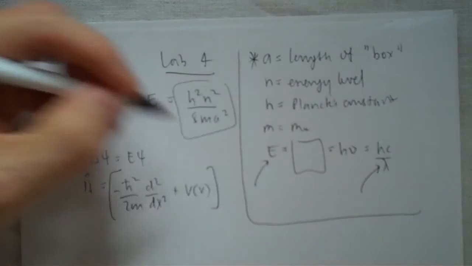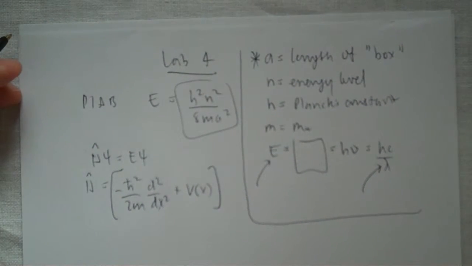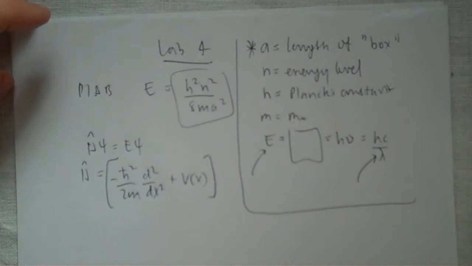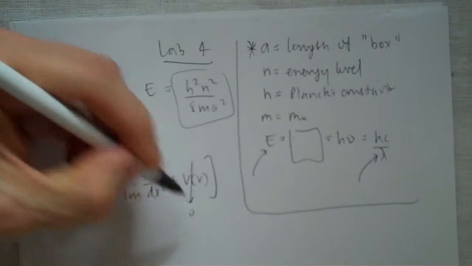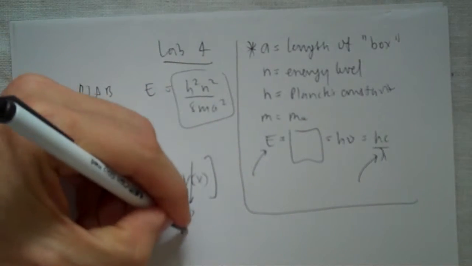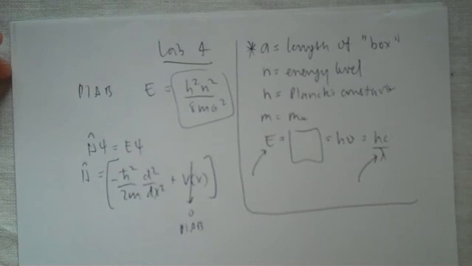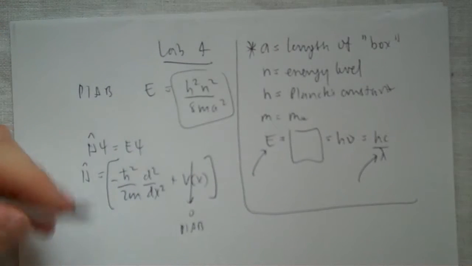That's the total energy operator. It's the Hamiltonian. Now we also know from the book that this goes to 0 because we're talking about a particle in a box, P-I-A-B, and we're interested in the inside of that, okay?